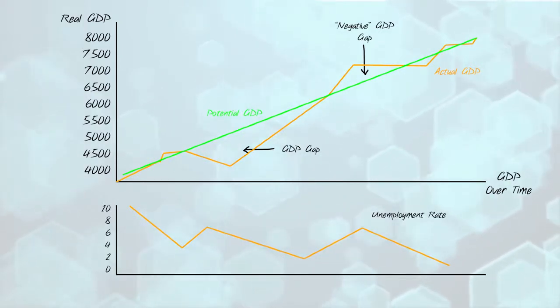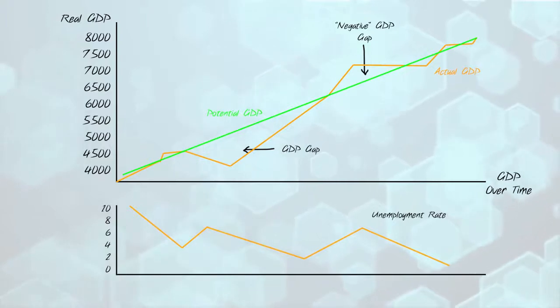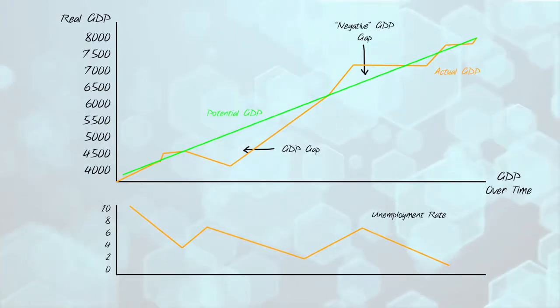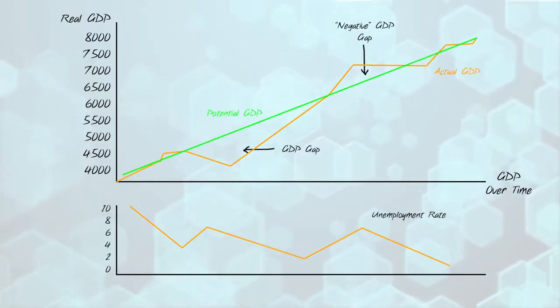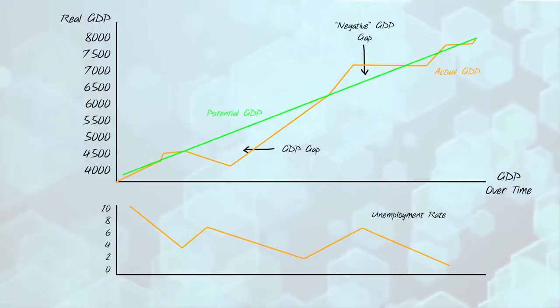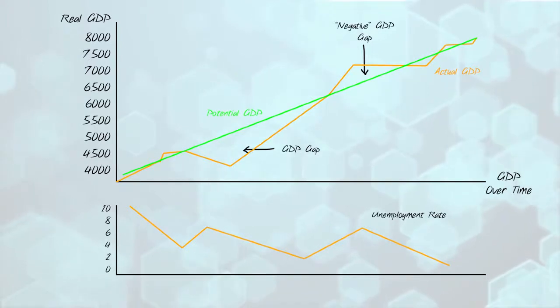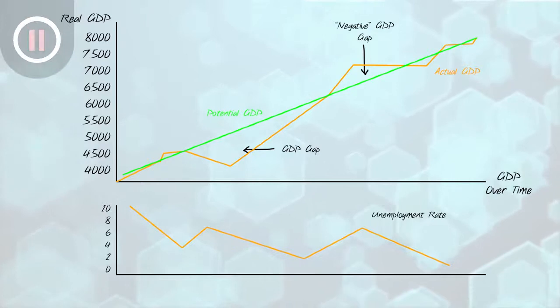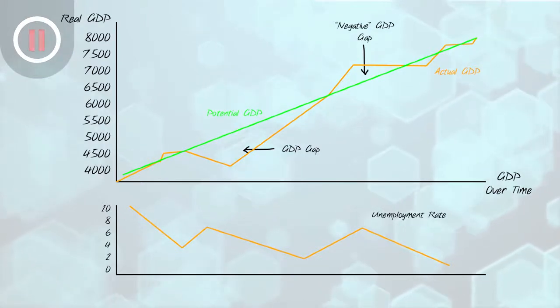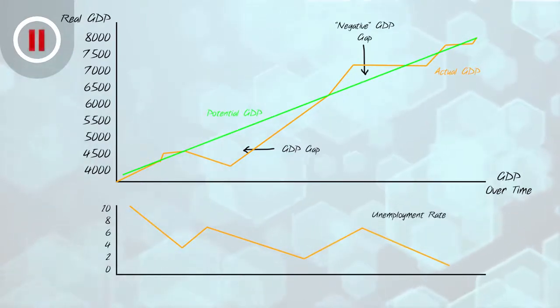Note in the lower figure that a larger recessionary gap means a higher unemployment rate, and vice versa. Take a minute now to study this figure carefully and get firmly in your mind the idea of actual versus potential GDP. And note the clear relationship between recessionary gaps and the unemployment rate.